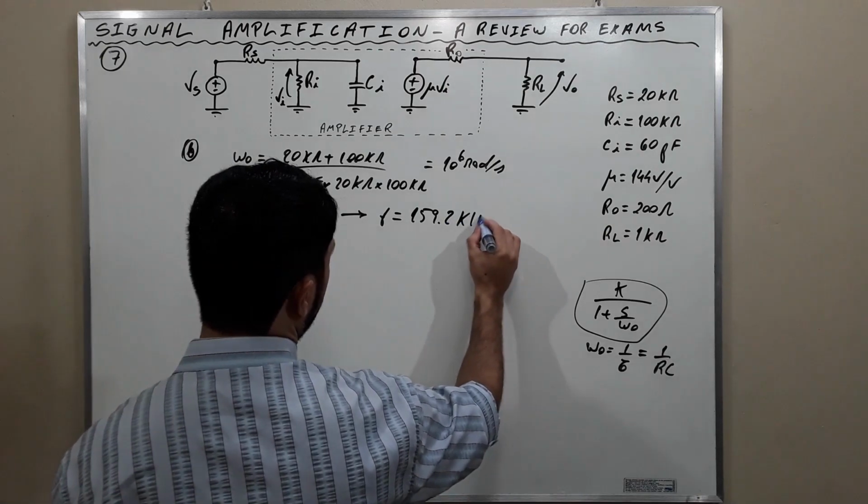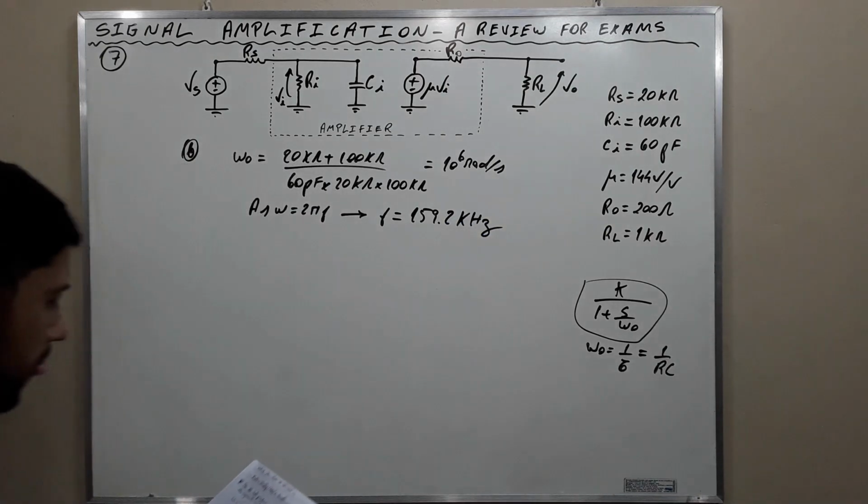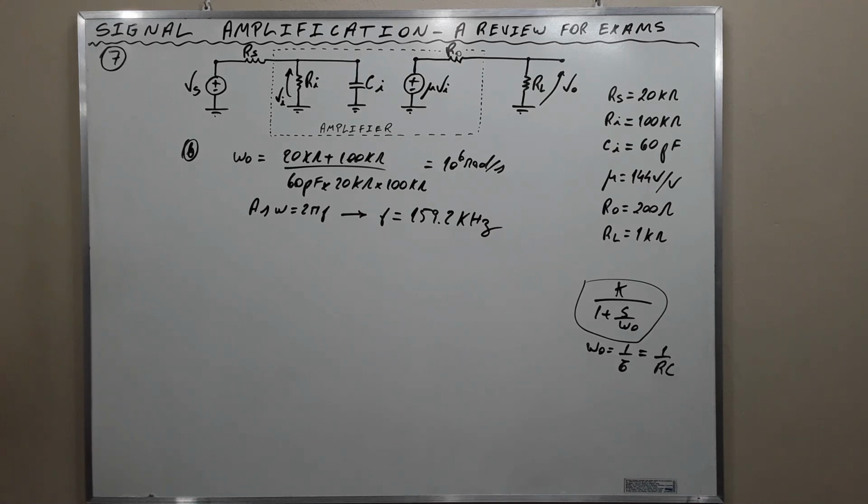159.2 kilohertz. Okay? Since the gain of a first-order low-pass STC network falls off at the rate of negative 20 decibels per decade, starting at W0, the gain will reach 0 decibels in 2 decades. Okay?